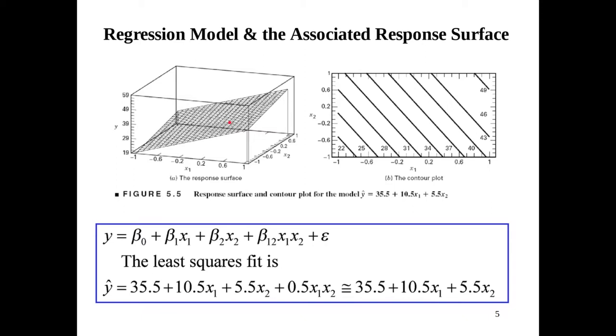And if you then plot it a different way, looking from the top on the response surface plot, what you get is the contour plot, a plot of x1 versus x2 and response.